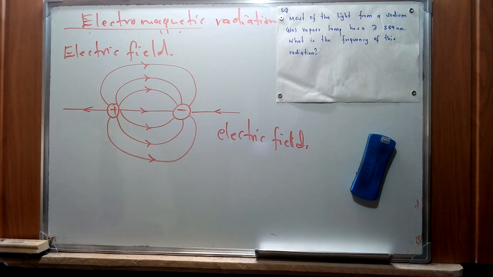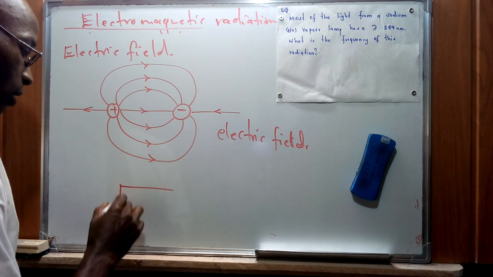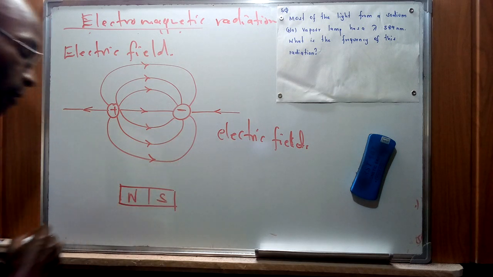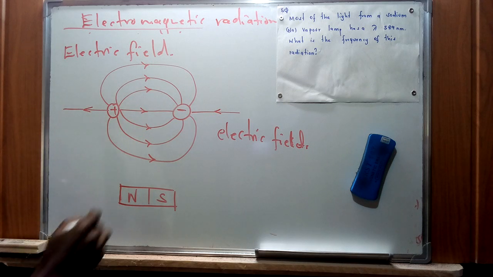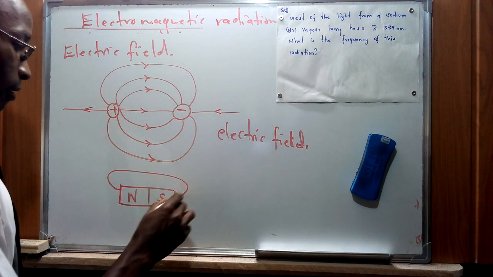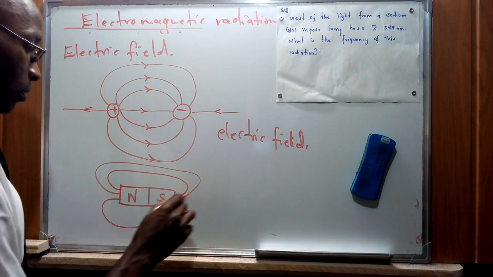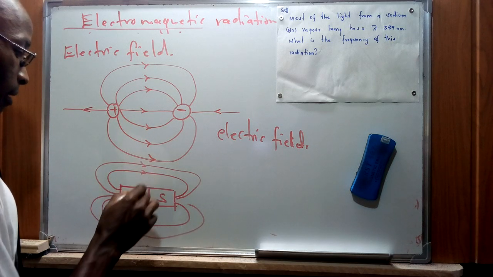Now that we have defined the electric field, which is forming part of this compound term electromagnetic, we're also going to illustrate the concept of a magnetic field and see how the two combine to form what we call electromagnetic radiation or electromagnetic waves. The magnetic field lines run from the north to the south pole of the magnet, and they are indicated as such.